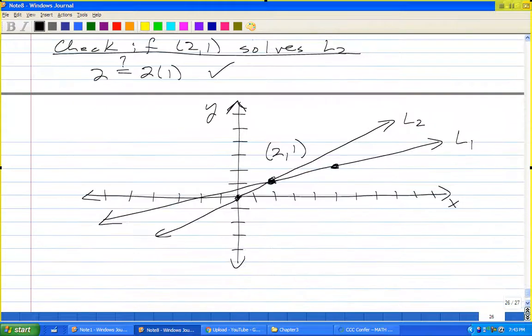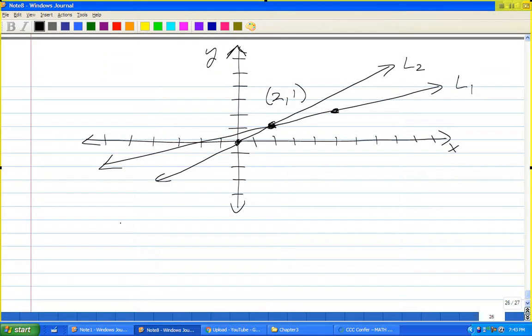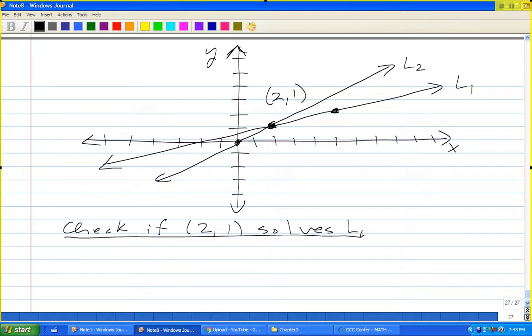Let's check if (2, 1) solves the first equation. Is x equal to 3y minus 1?